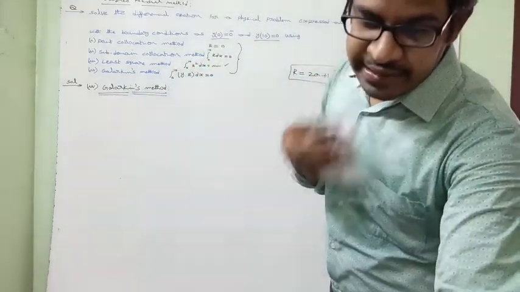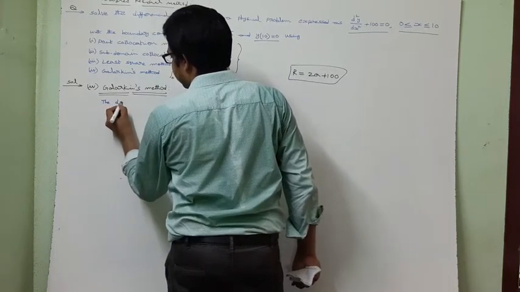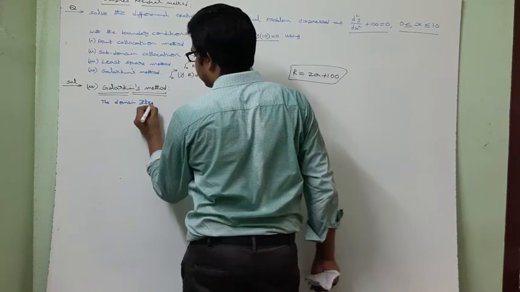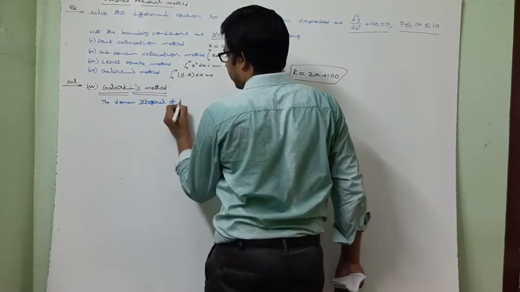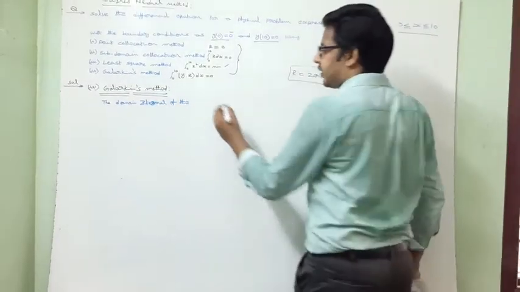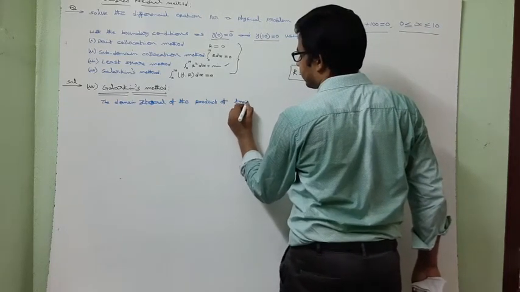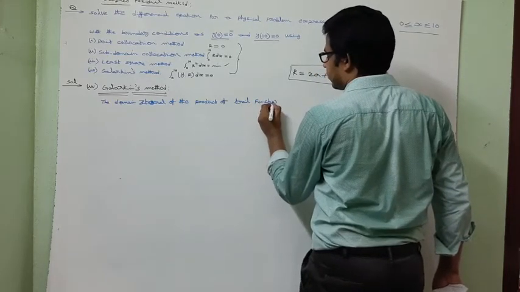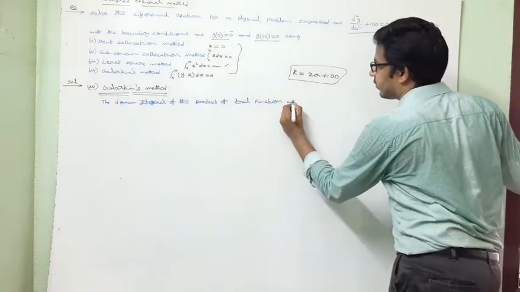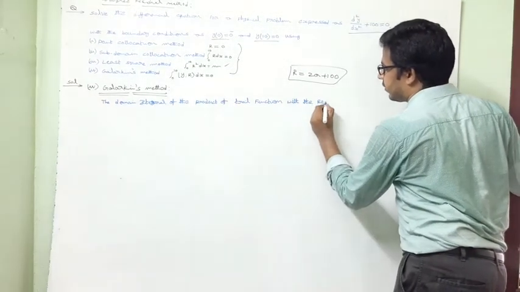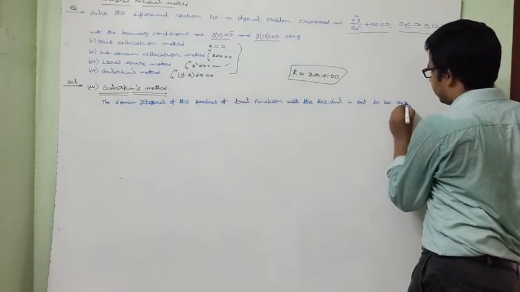The Galerkin's method. The domain integral of the product of the trial function with the residual is set to be 0.